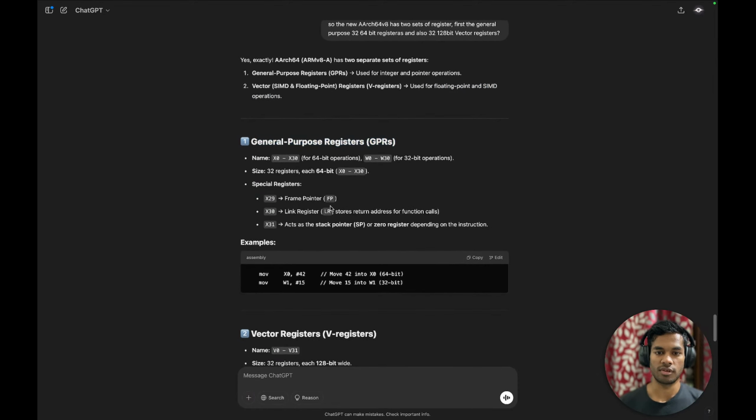General purpose registers, GPR, are named X0 through X30, for 64-bit operations, and W registers for 32-bit operations. There are 32 registers, each 64-bit. Special registers: the frame pointer is 29, the link register is the 30th, and 31 acts as the stack pointer or zero register depending on the instruction.